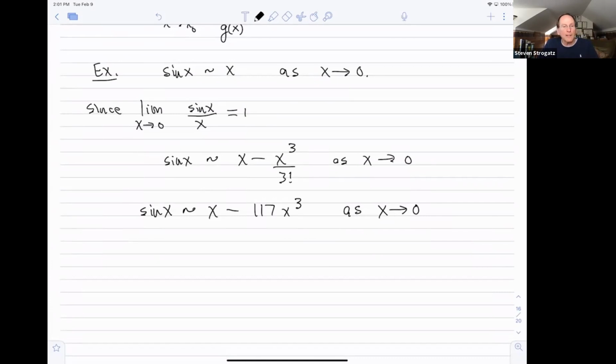So when we write an asymptotic symbol like this, it's understood that all the terms are supposed to be correct.